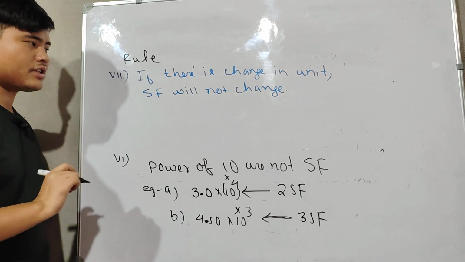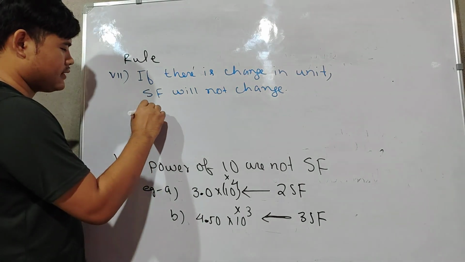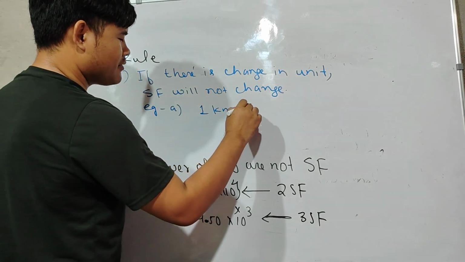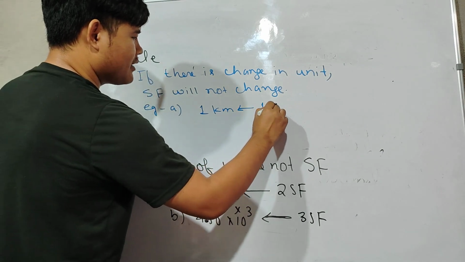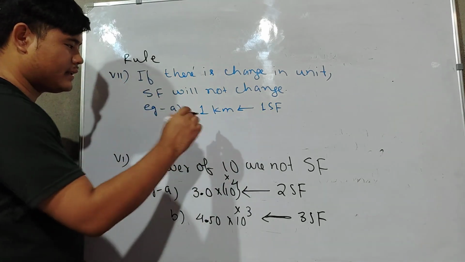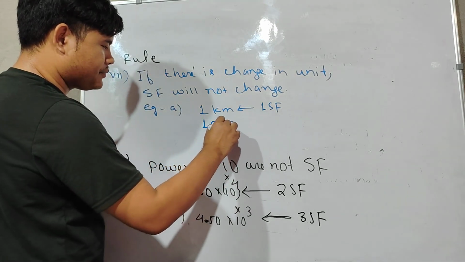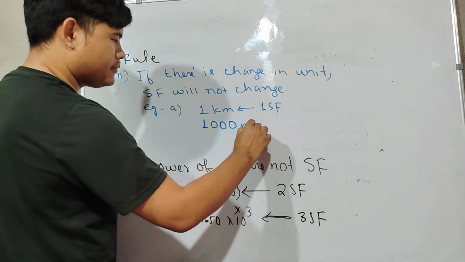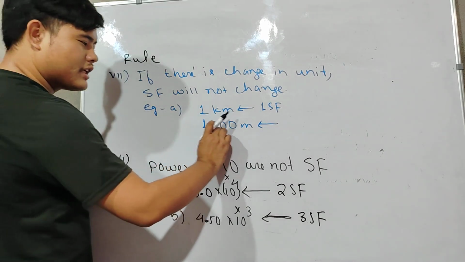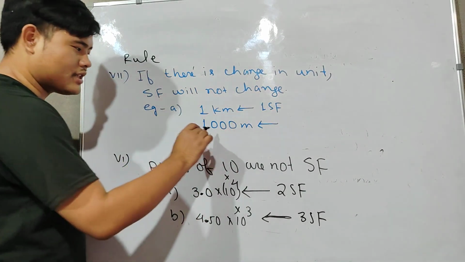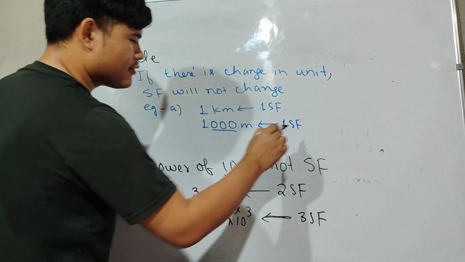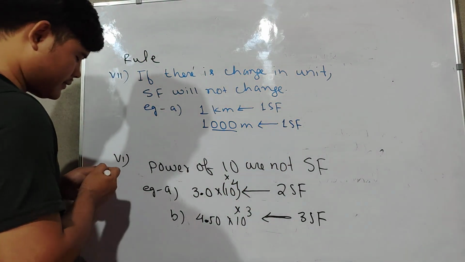Example, suppose we have 1 kilometer. How many significant figures are there? 1 significant figure. Now if I convert this unit, it will be thousand meters. Trailing zeros are not significant, so here also we have only 1 significant figure.